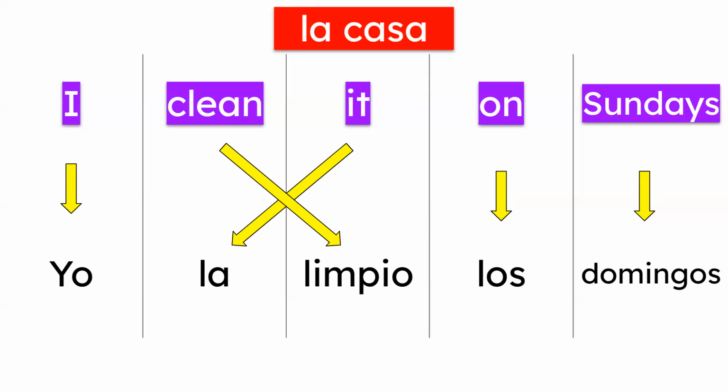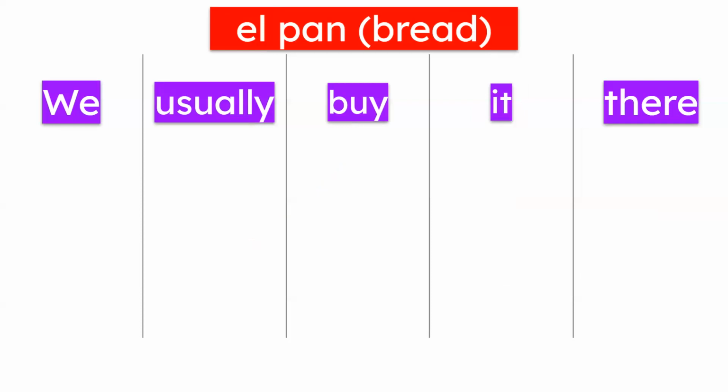Cool. Next up, we have we usually buy there. We usually buy there, and it is referring to el pan. And el pan, as you can see, is masculine, so you know what to do, right? Okay, let's start. We is nosotros, that's right.